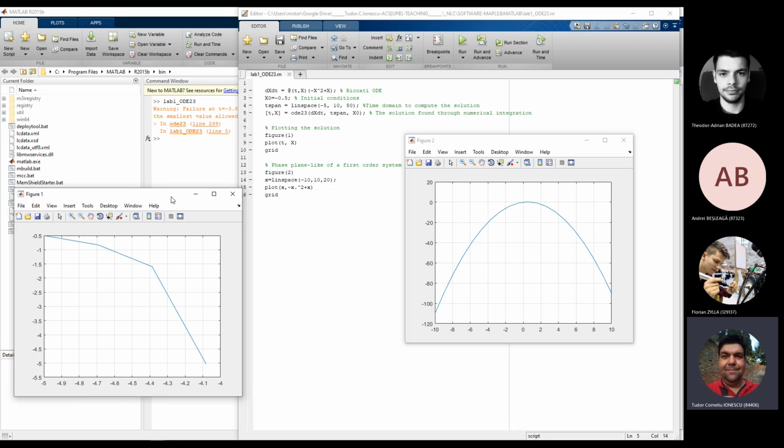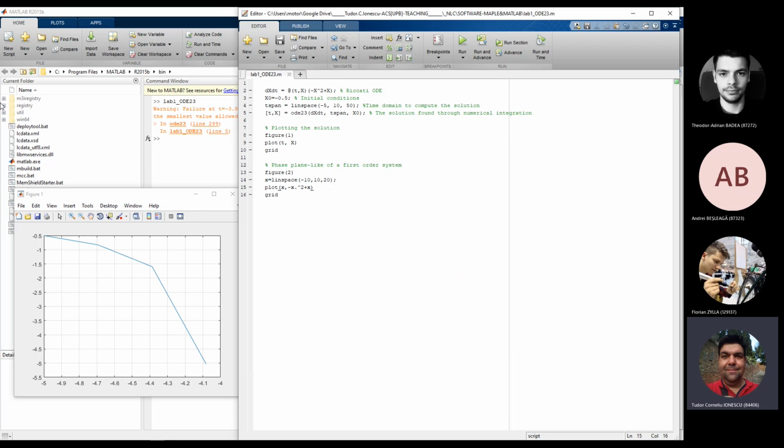Let me just use the code. X label equal solutions x, and y label fx. Maybe this is much clearer to you.